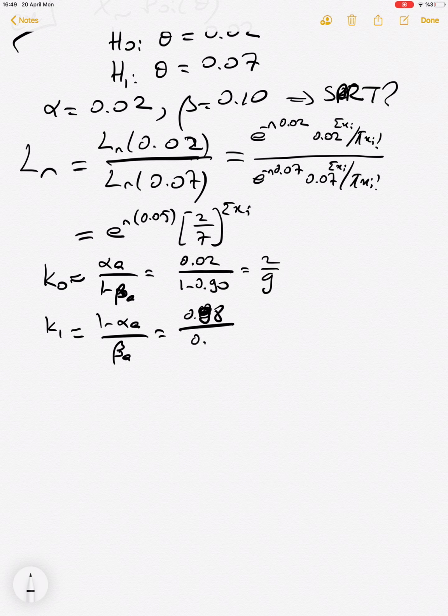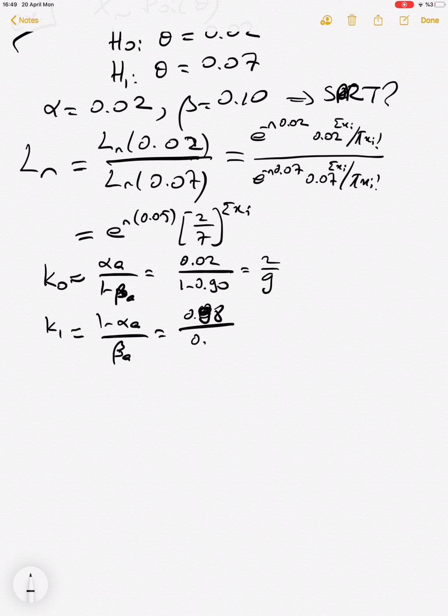Is it 0.20? How did I write? This is 0.10, sorry. So this will be 0.98, so it will be very high. Actually, it should be 0.20, but that's okay.